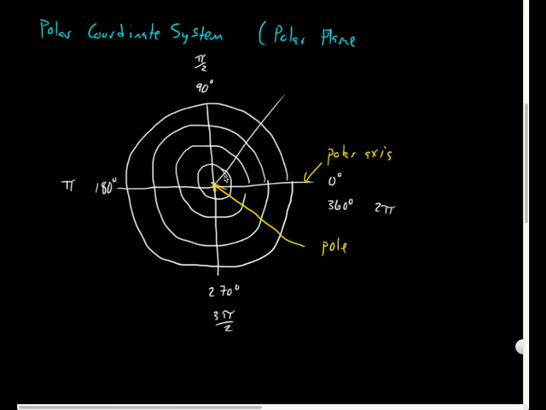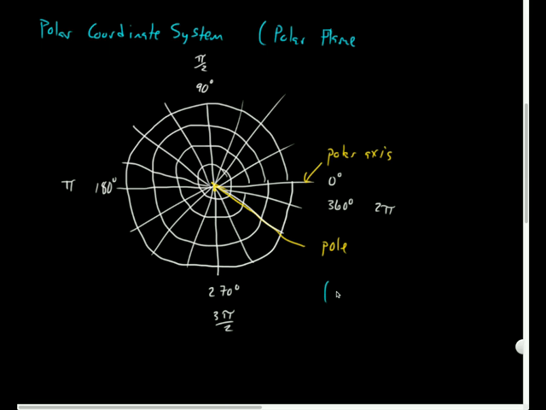Typically, instead of tick marks representing y-axis values, we'd be interested in angle marks from the polar axis. So for instance, if I wanted to plot a point, let's say (3, 250), the way I would plot that is starting here.